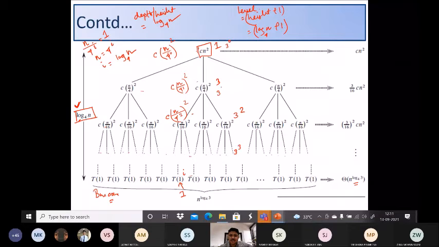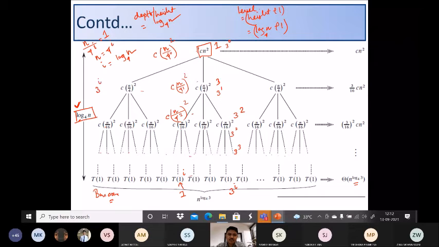Here the total nodes should be 3 to the power 1. Here the total nodes should be 3 to the power 2. So here how many nodes should be present? 3 to the power i. So 3 to the power i nodes should be present, right?